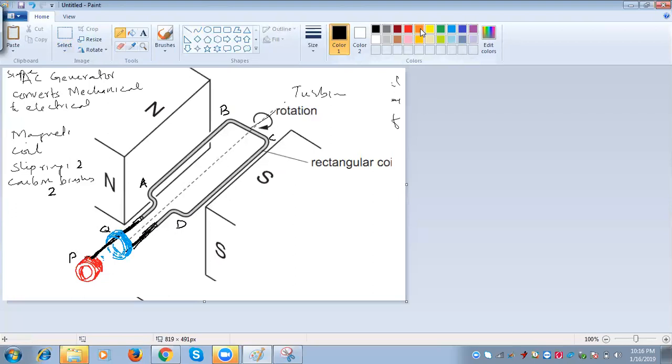And there are two carbon brushes. Carbon brushes are just touching them. There is another carbon brush attached to this.